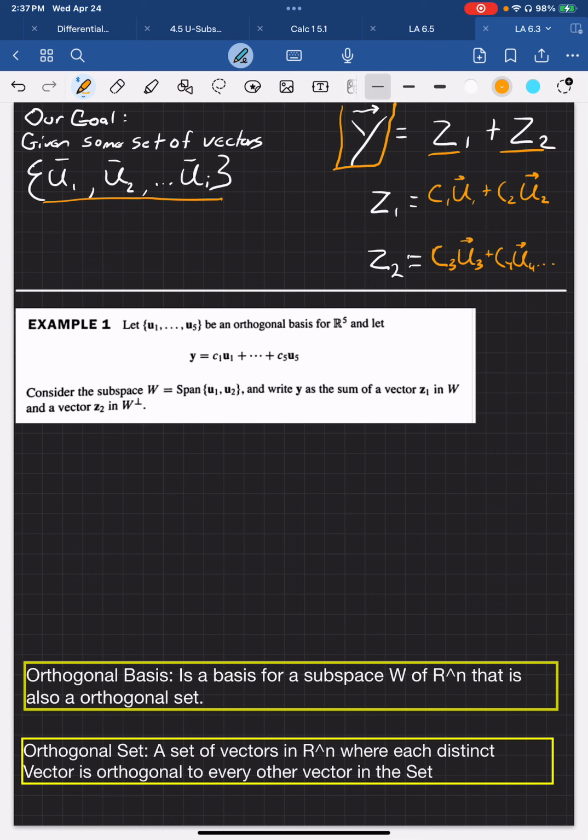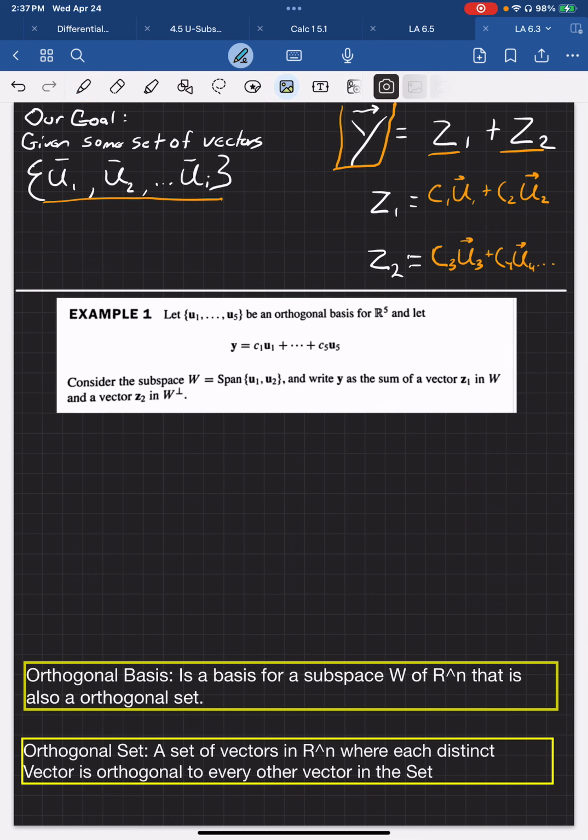All right. So I'm going to read the example in its entirety, but some of the language in the example is going to require you to have some vocabulary from some previous sections. So I've kind of brought that along with us, but for now, let me read the question in its entirety. So let the following set of vectors be an orthogonal basis.